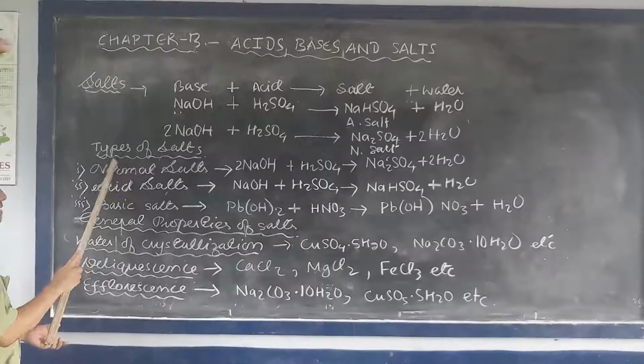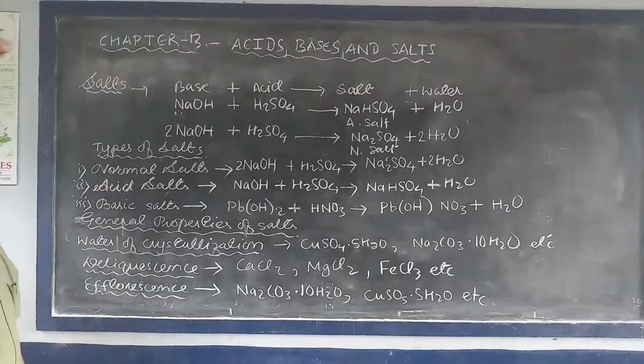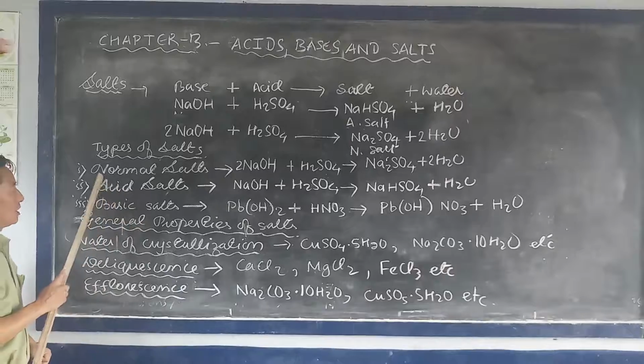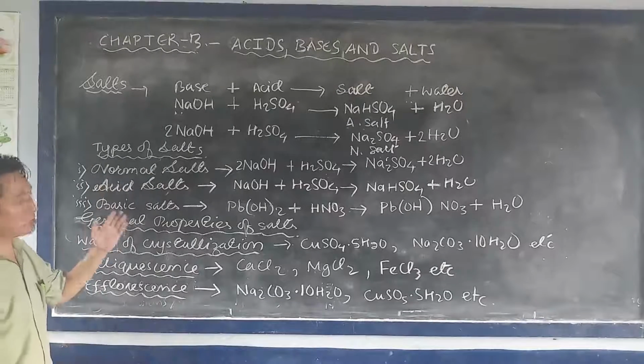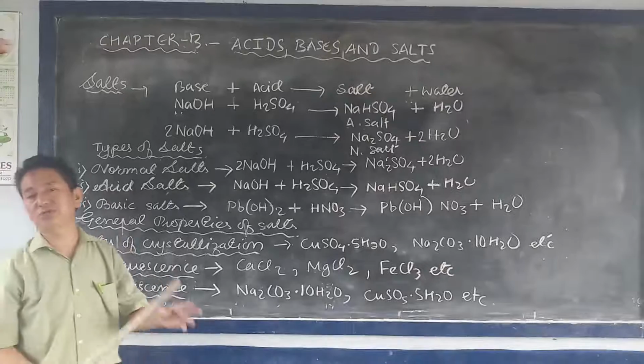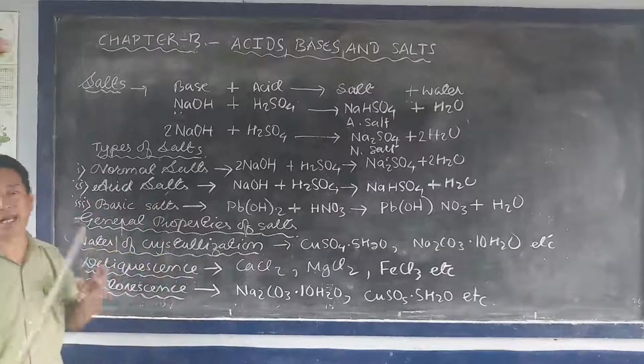Now next, types of salt. Salts are generally three types. Here, normal salt. Normal salts are salts which are formed by the complete neutralization between an acid and a base.